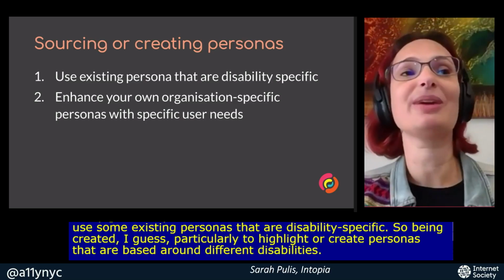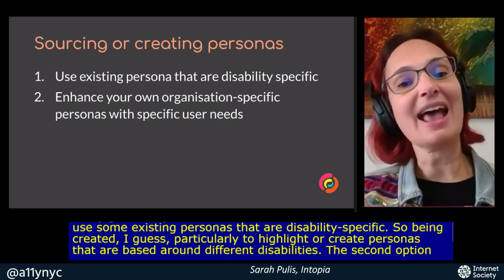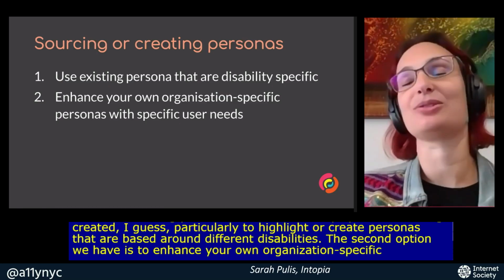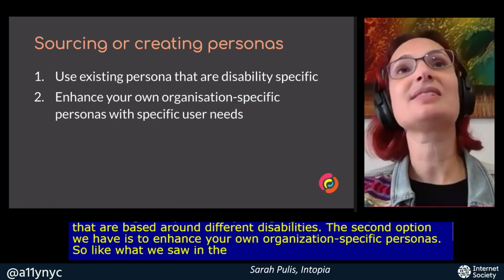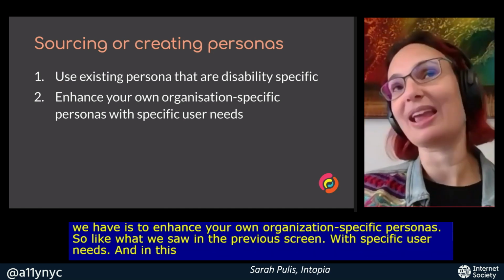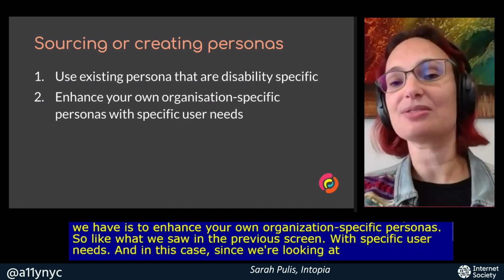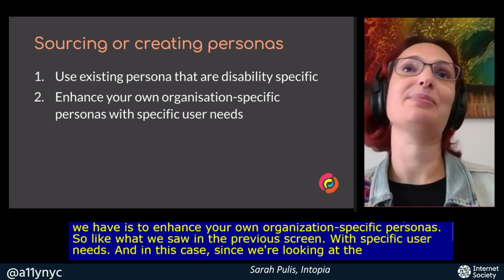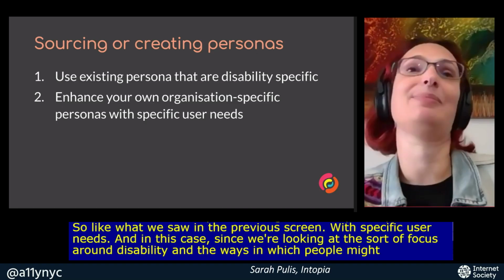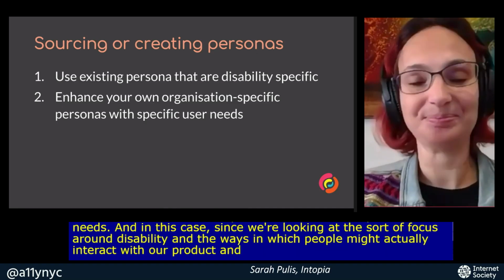The second option is to enhance your own organization specific personas, like what we saw on the previous screen, with specific user needs. And in this case, since we're looking at this focus around disability and the ways that people might actually interact with our product and service, then those user needs might be specific to that.